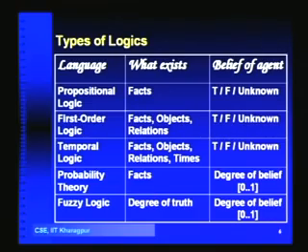Now, there is a difference between probabilistic reasoning, probabilistic logic and fuzzy logic. When we are saying what is the probability that our new manager will be fat, that is a probability, because we do not know whether that person is fat or not, right.